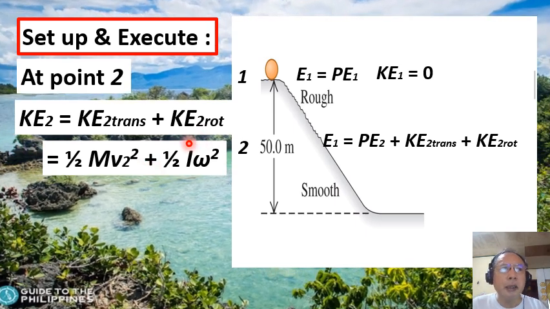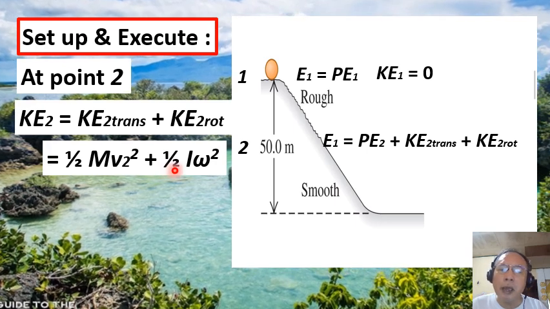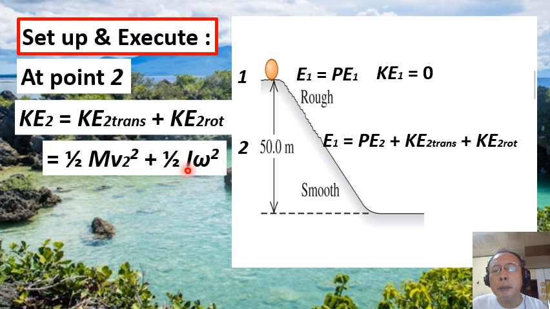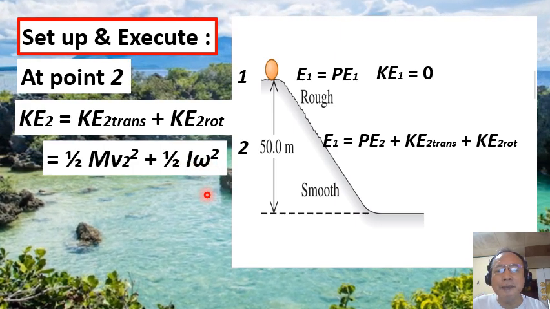And the rotational kinetic energy also can be expressed as 1 half multiplied by the moment of inertia of the boulder, capital I, and the square of its angular speed, omega.